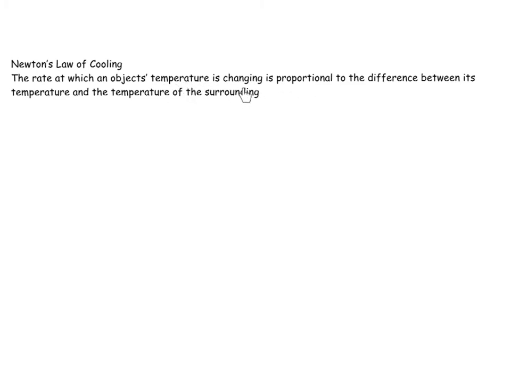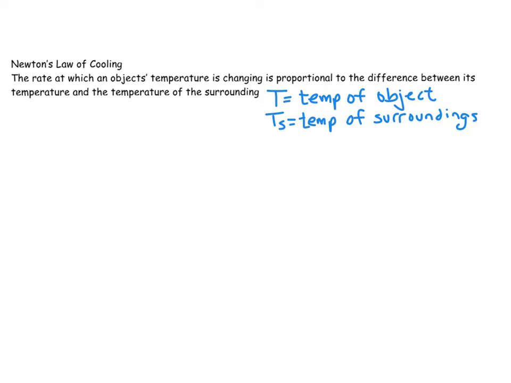So what we're going to do is let T equal the temperature of the object. That could be something hot you took out of the oven, hot coffee, it could be a pie, whatever. And we're going to let T sub S equal the temperature of the surroundings.